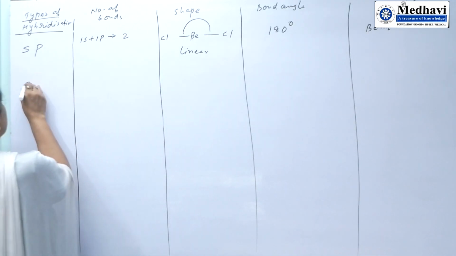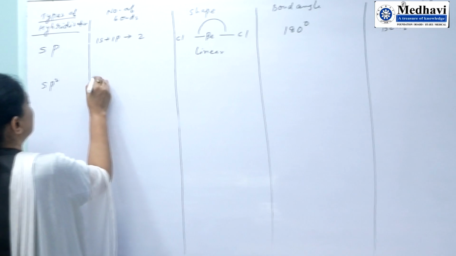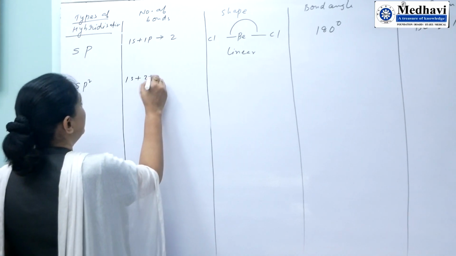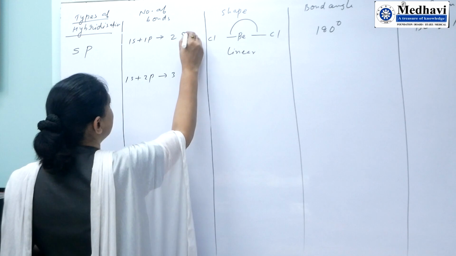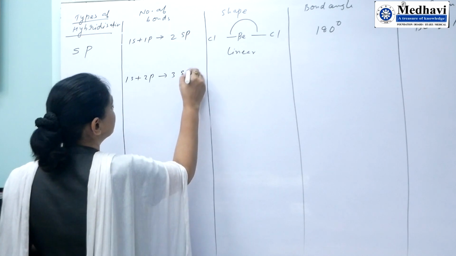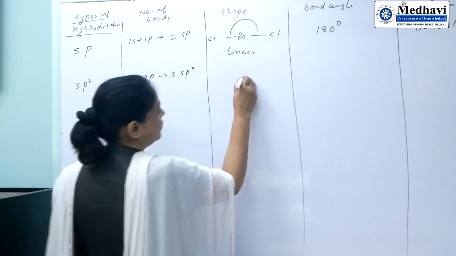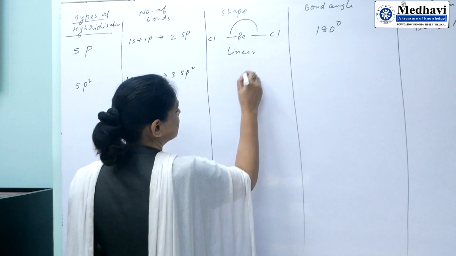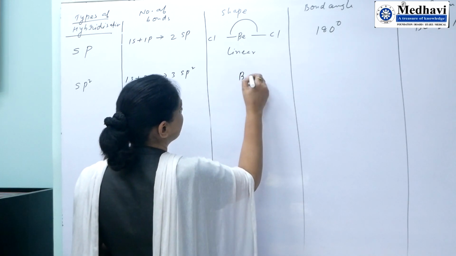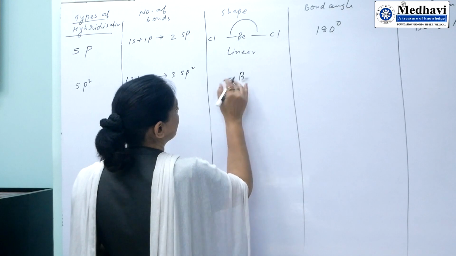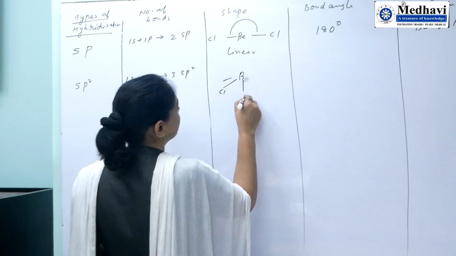Second, sp2. Here one s and 2p orbitals are mixed. So it is 3 sp2. I am using ammonia or BCl3, boron trichloride.